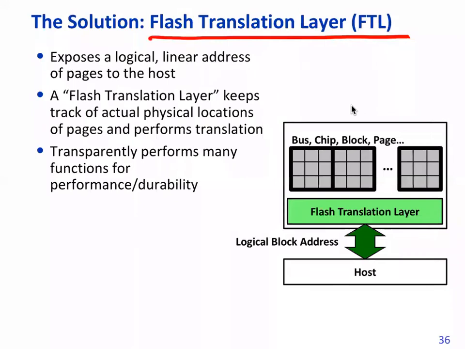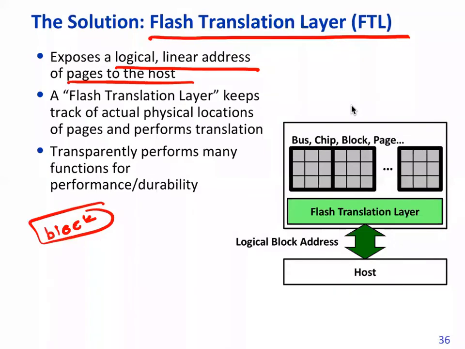So all this intelligence can come into the flash translation layer, FTL. The first thing it does is that it exposes a logical linear address of the pages to the host. So at the higher layer we have the concept of blocks, and we have seen that the numbering is linear, 0, 1, 2, etc., and then it has to be mapped into physical pages, right?